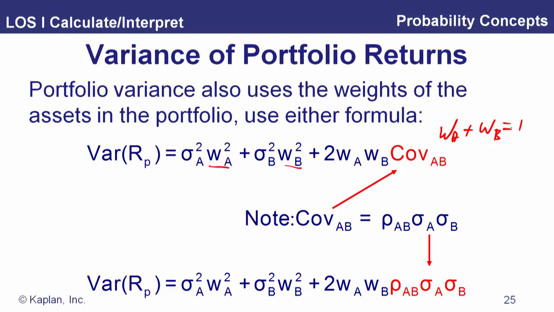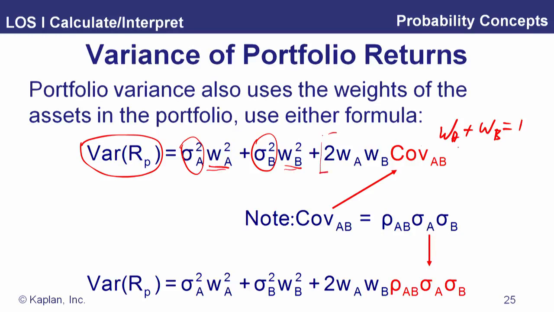Now, this formula, look at first the intuition of it, the things that matter. We're looking for the variance of the return on the portfolio. Well, what's that going to depend on? It's certainly going to depend on the variance of the two securities we're putting in the portfolio. And it's certainly going to depend on how much A we put in and how much B we put in.